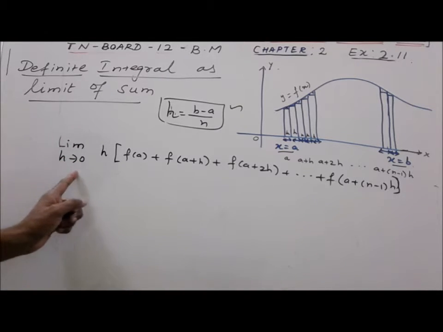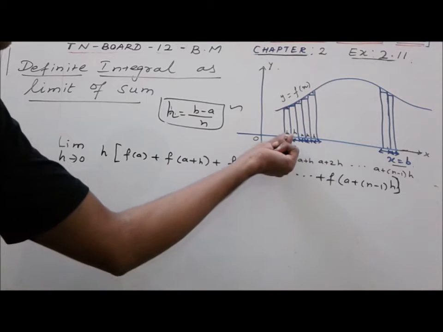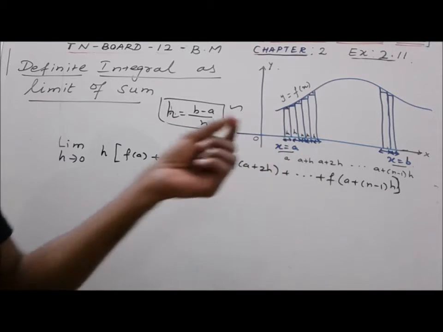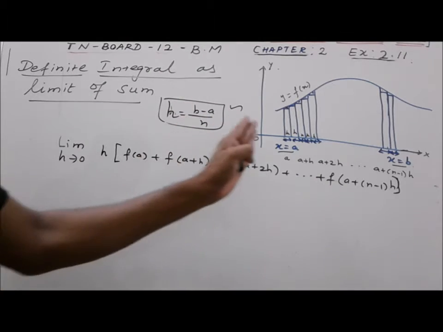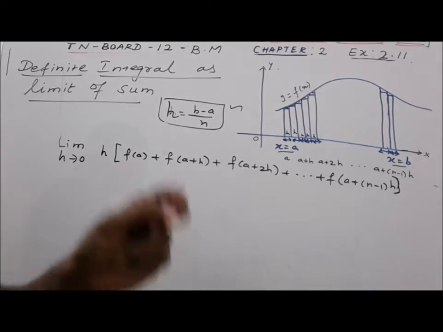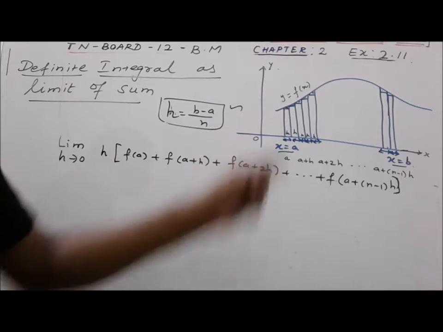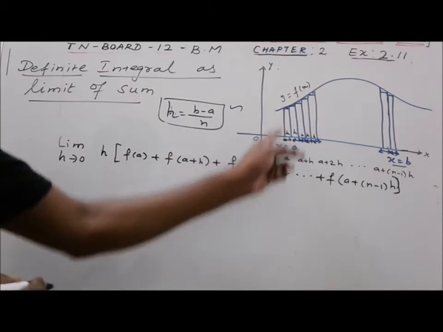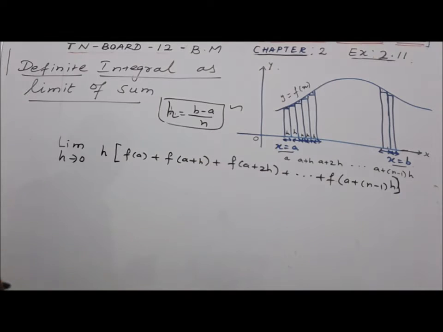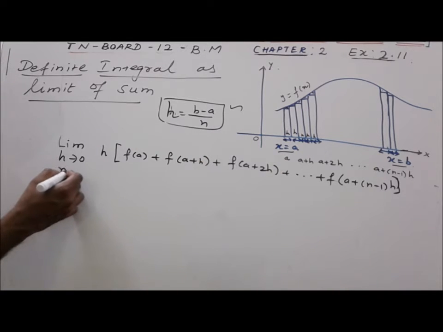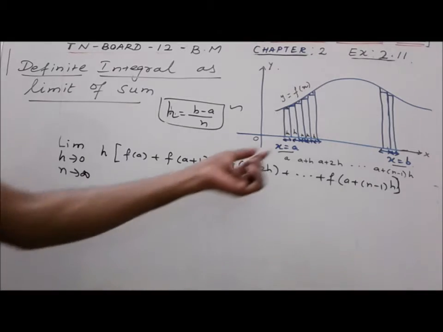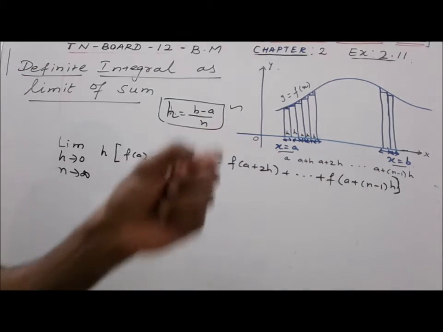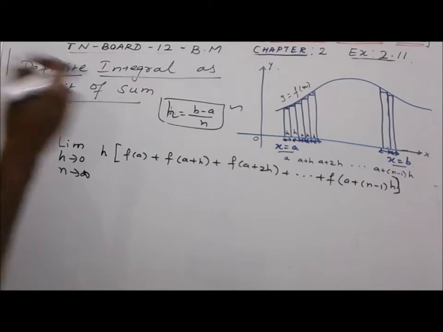When h tends to 0, the width becomes 0, and every rectangle splits into small lines. Under n tends to infinity, the number of rectangles tends to an infinite number of small rectangles, each representing a line.